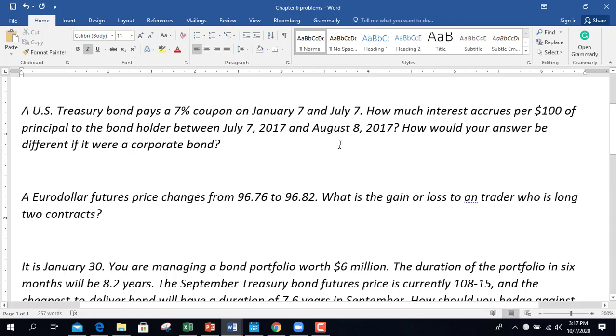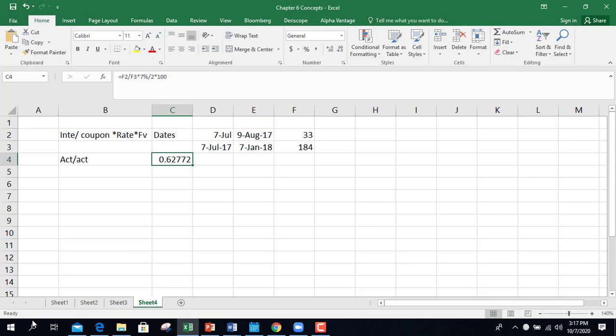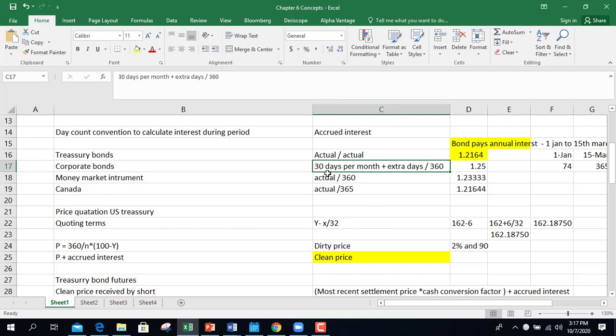Now if it is a corporate bond, what would happen? One month has passed between these two dates, from July 7th to August 7th. In the corporate bond case, we take 30 days per month plus whatever extra days are given, and then divide by 360.